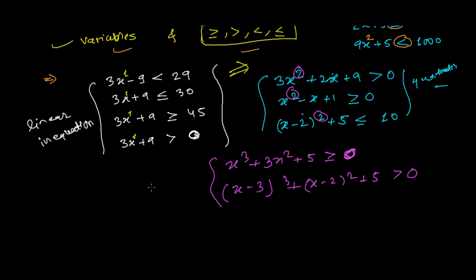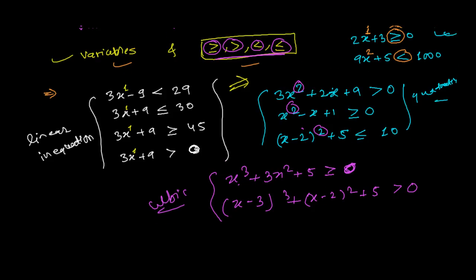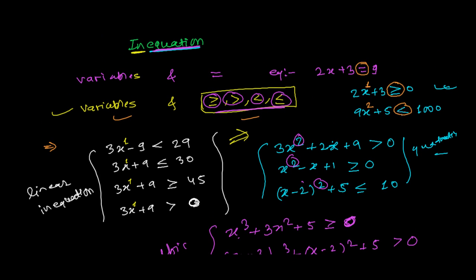These are cubic inequations, because the variable has highest power 3. But there are only 4 symbols: greater than or equals to, greater than, less than, or less than or equals to. Only these 4 symbols will be involved in inequations.